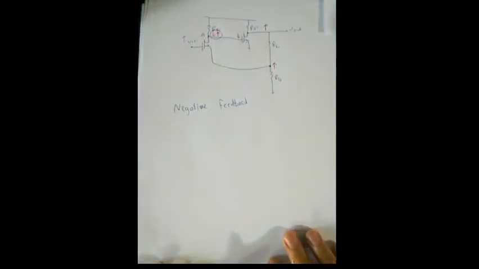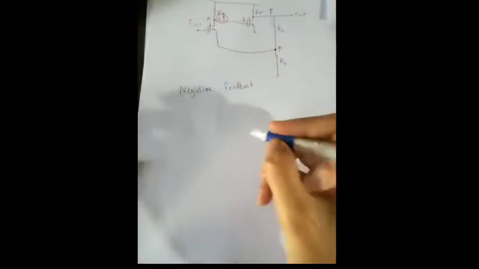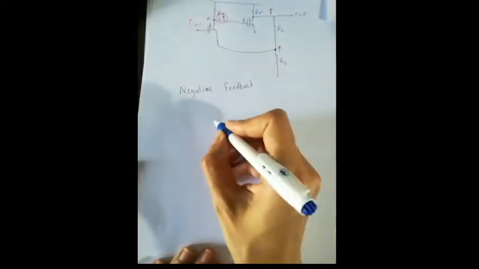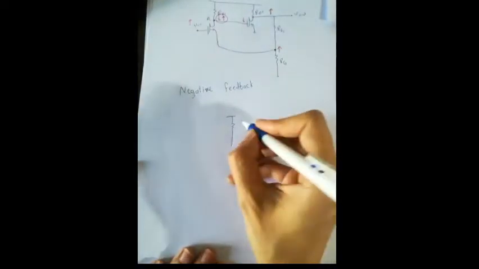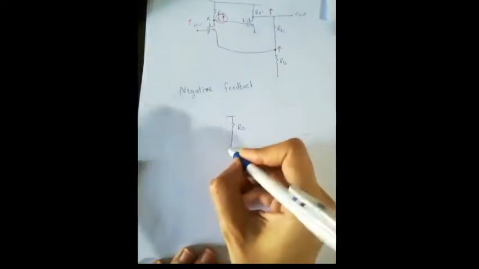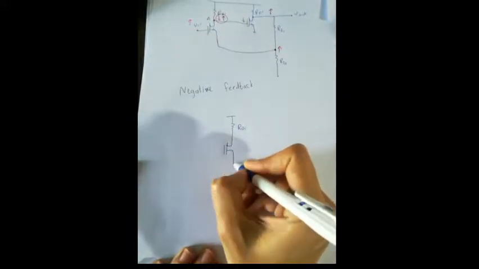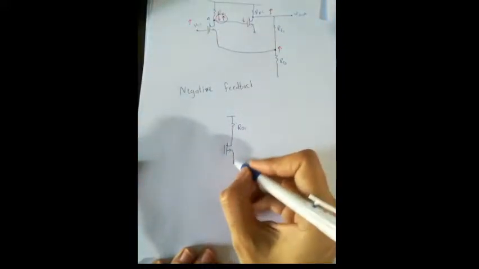Let's see one more example on this to make it easier to get the concept. So assume that this is RV1. We have a common source.